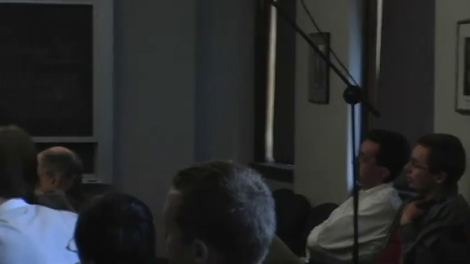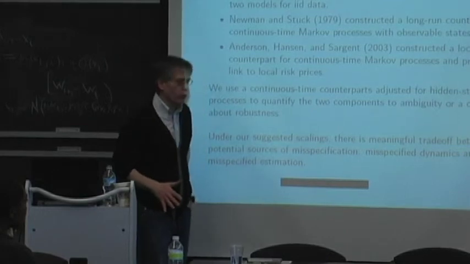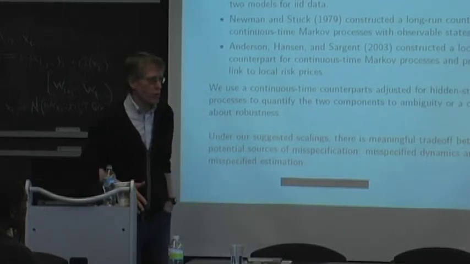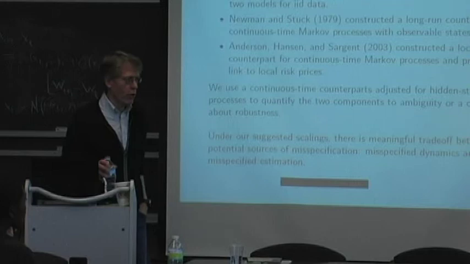Okay, so let me take two responses to that. The first one is we certainly agree that scaling is ex post natural. That was supposed to be the message of the paper, so we're not disputing that at all.